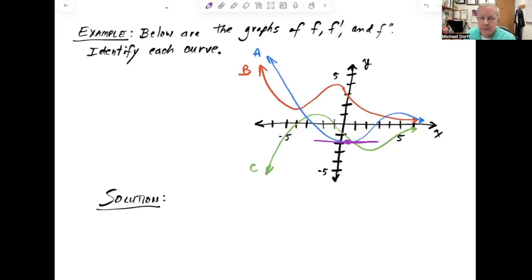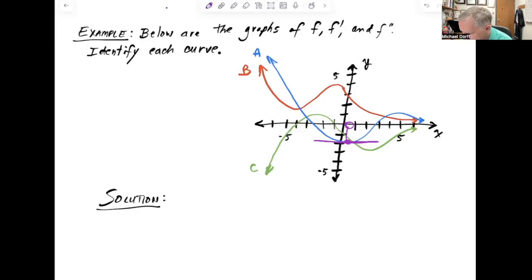The graph of its derivative should then intersect the x-axis right above that point. Right above that point is up here, but there is no curve that intersects it there. So this suggests that B and C are not graphs of the derivative of A, either one of those. So that probably means that A is going to be the graph of the second derivative.